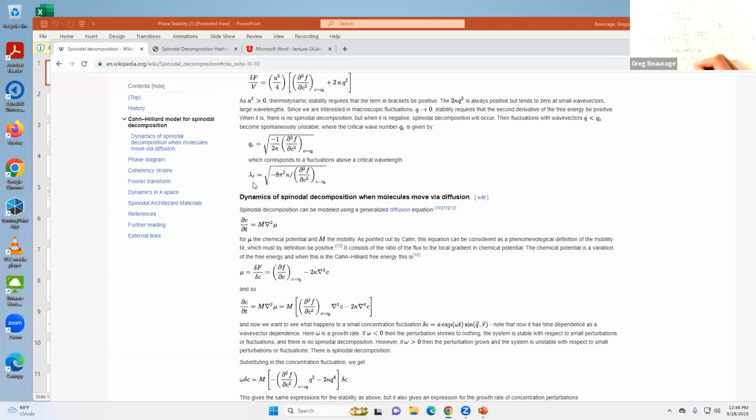So you add in the kappa thing, which is del C squared, which is going to give you A squared Q squared cos squared Q dot R, because the derivative of sine is cosine. The del of C is cosine and is squared. So it's cos squared times kappa of Q dot R. Right.